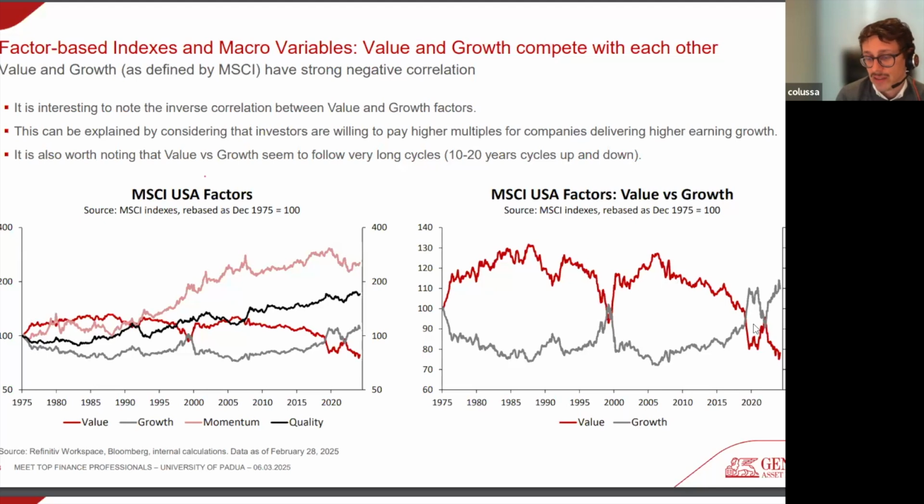And basically, after the great financial crisis, we had this uninterrupted underperformance of value, with only some revival in the 2021-22 periods when inflation spiked again after the stimulus following the COVID shock and the war between Russia and Ukraine.